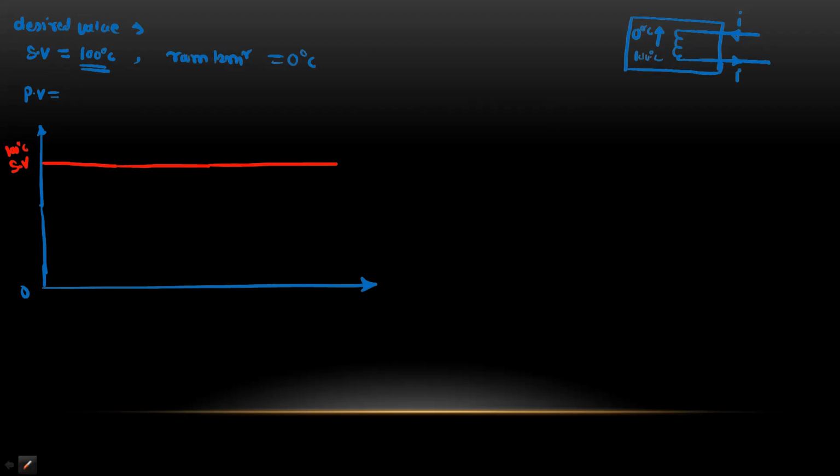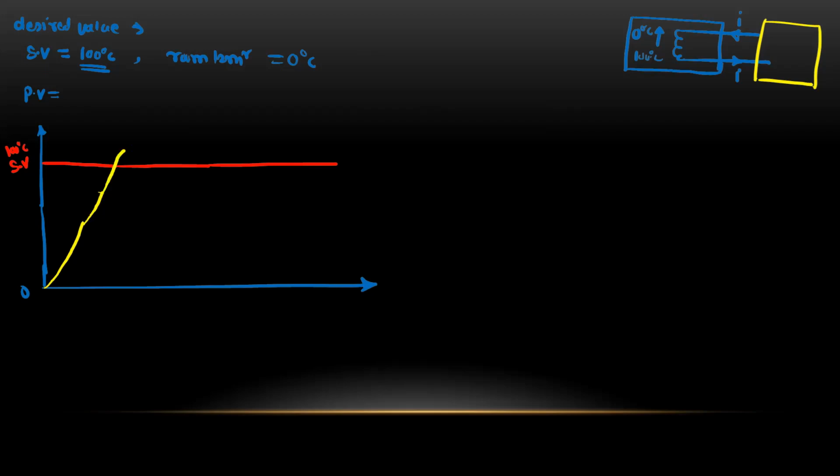So as we give the input as 100 degrees Celsius, the controller, so if this is a controller, okay, it will start adjusting the current in this coil, okay, and then it will start heating the furnace. Okay. So as the furnace is heating, its temperature will increase, and then it will try to reach to the set value.